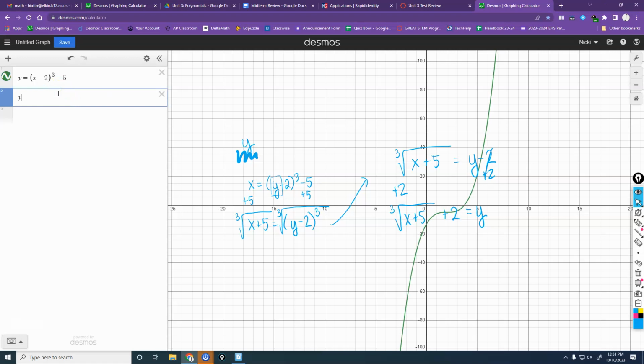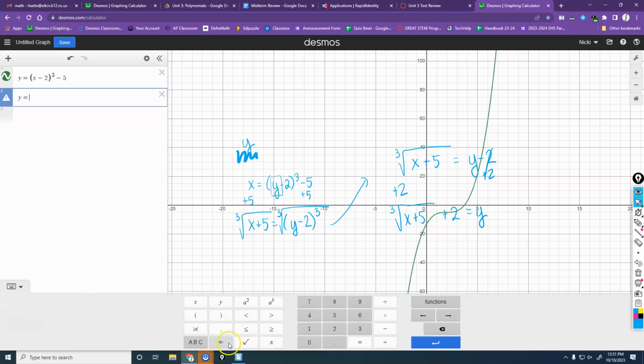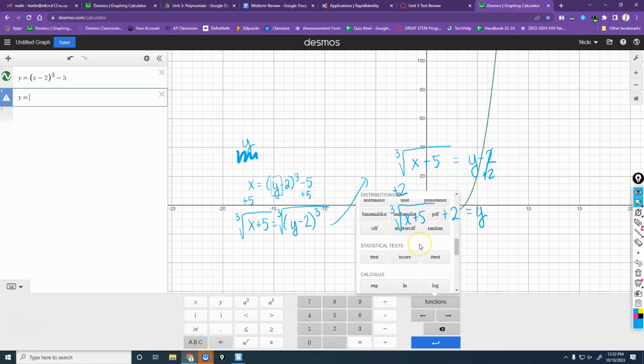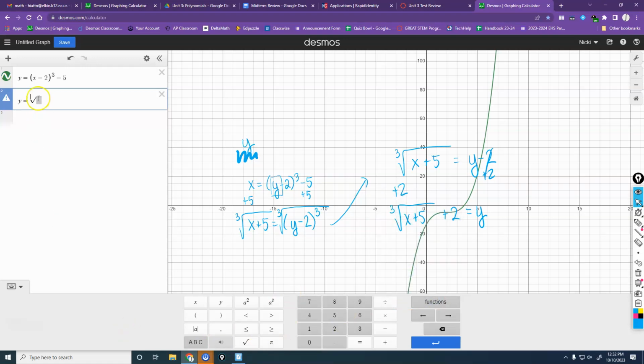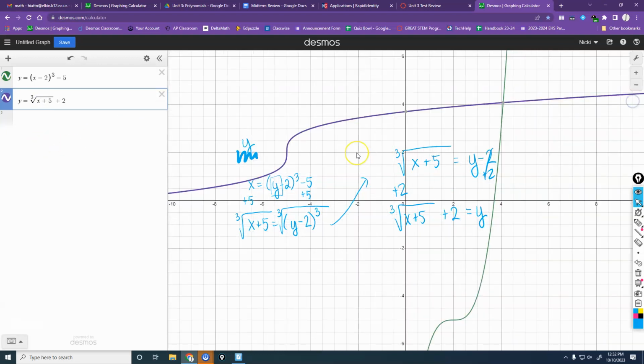Our answer was the cube root of x plus 5, plus 2. There it is, down at the bottom.